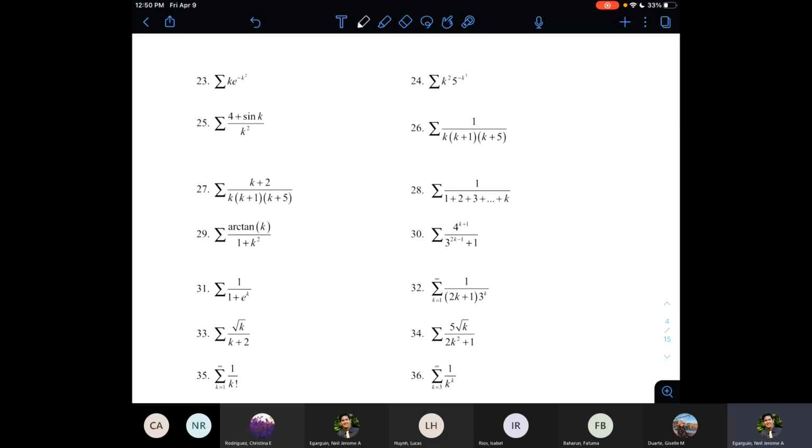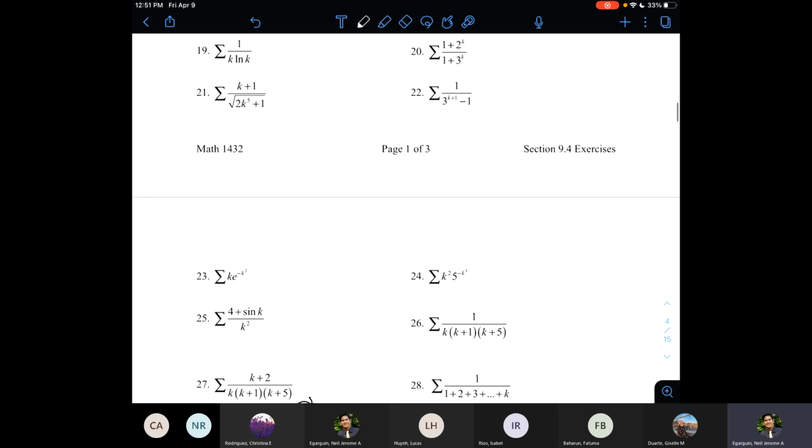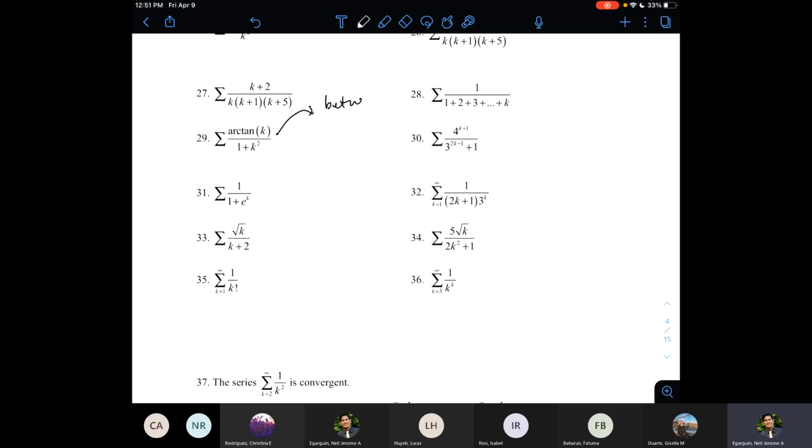Okay. Now, for instance, I'll do number 29 informally, and hopefully you can do the formal solution. So this is the summation of arctan of k, with k going from 1 to infinity. What do we know about arctan? Well, arctan is just a number between negative pi over 2 and pi over 2, or it's just on the interval.